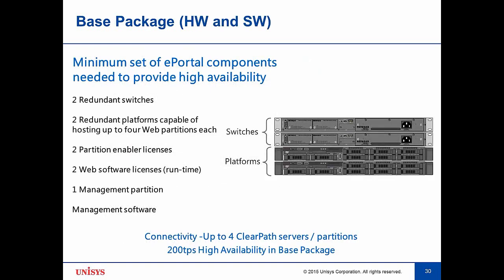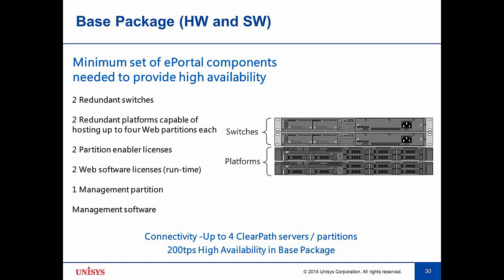All right, so let's look at what comes in the base package, including the hardware and the software. What you see on the right-hand side is a representation of 2 redundant platforms and 2 switches. These provide the connectivity to your host systems that are needed to configure a basic ePortal system. Each one of these standard platforms can handle up to 4 web partitions each.